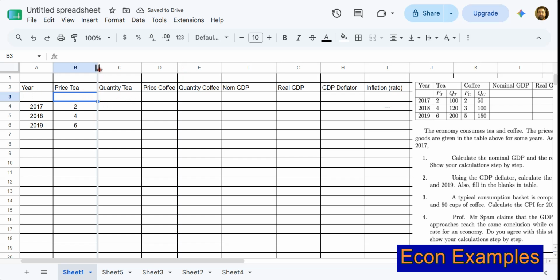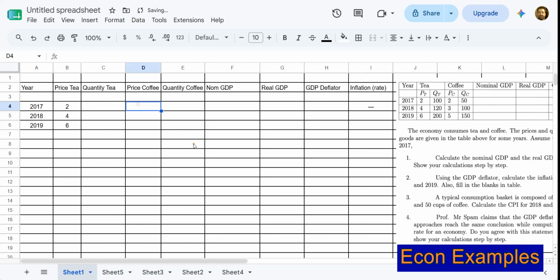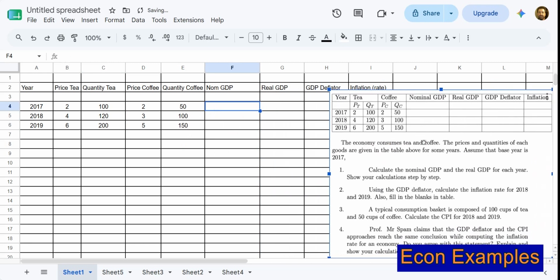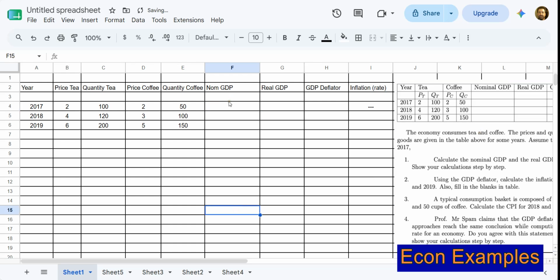Okay, so there's price of tea, and then our price of coffee: 2, 2, 3, 5, 150, 150, 100, 120, 200. Okay, so nominal GDP is just the current period prices times the current period quantity.